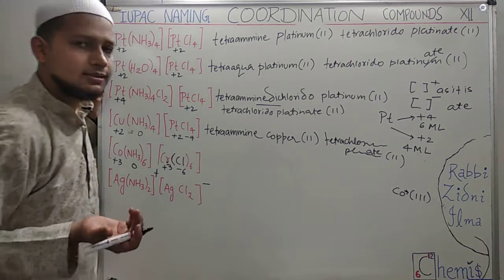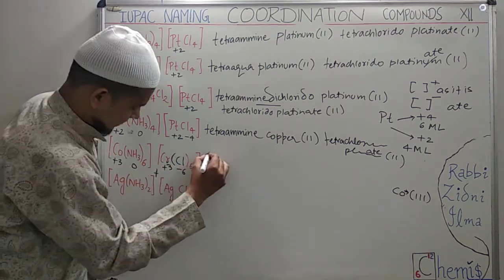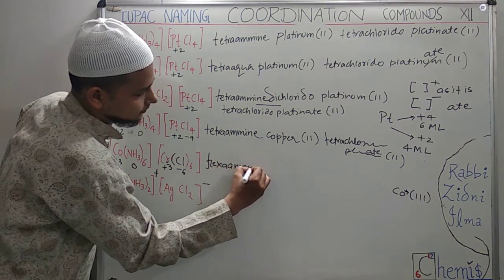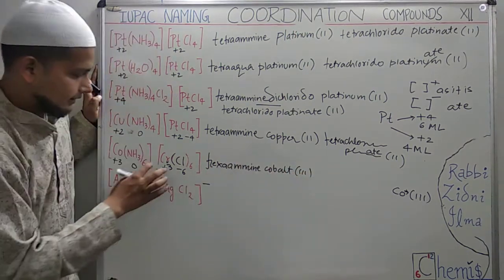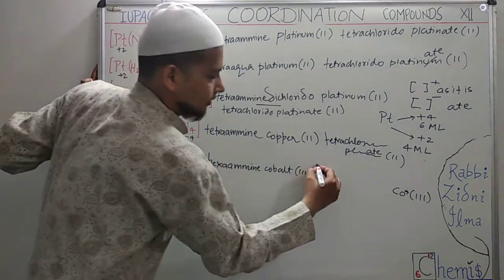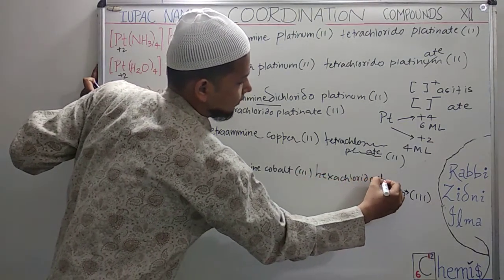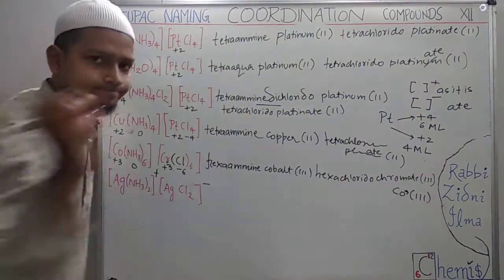So naming is not a hard nut to crack. Hexaammine cobalt 3, now write down: hexaammine cobalt 3 and the rest portion is hexachlorido chromate 3. Hexachlorido chromate 1, 2, 3. Done.